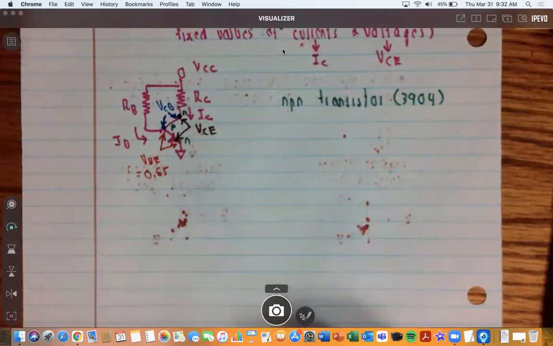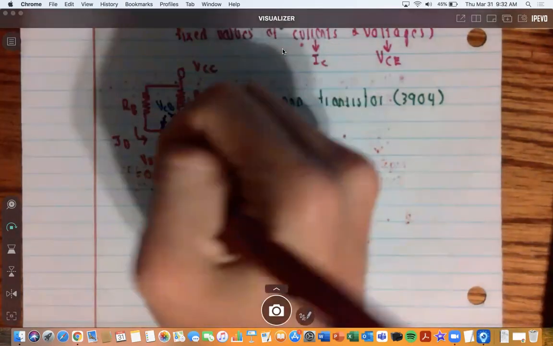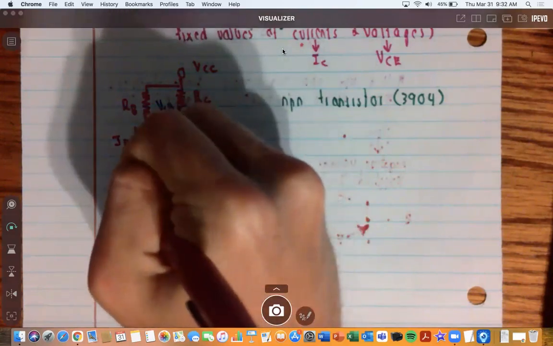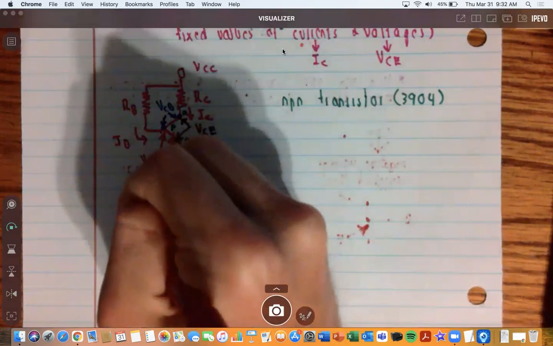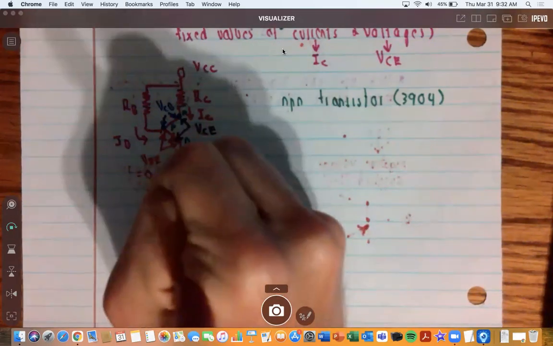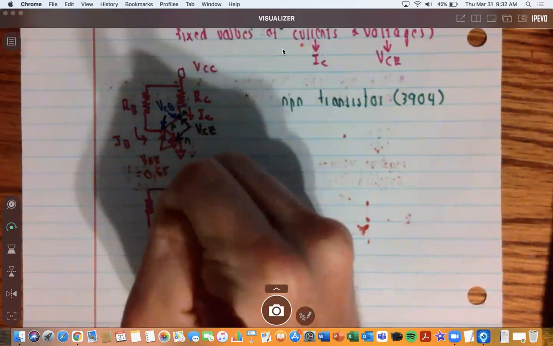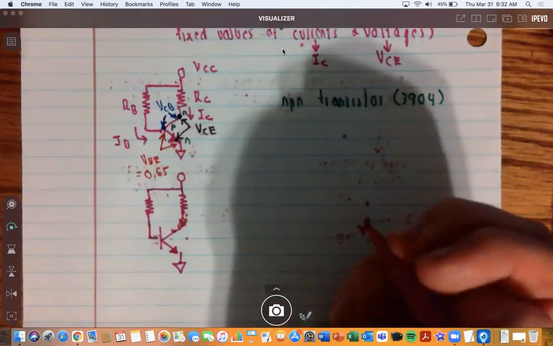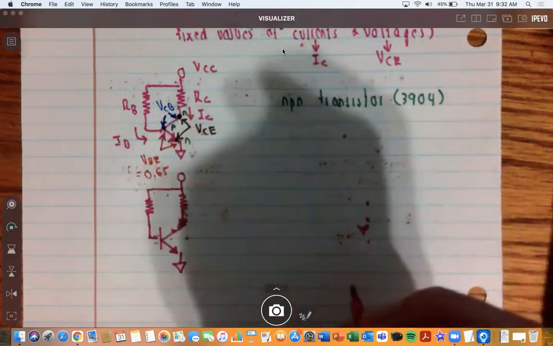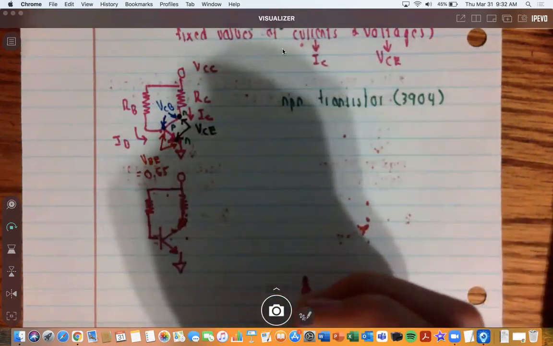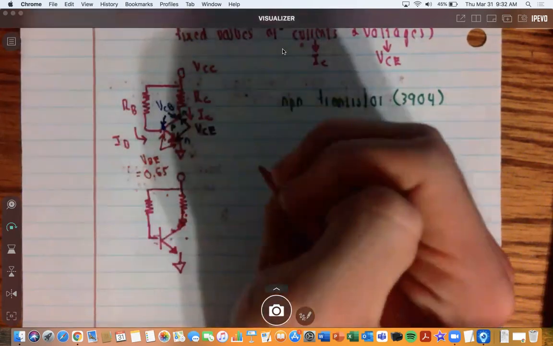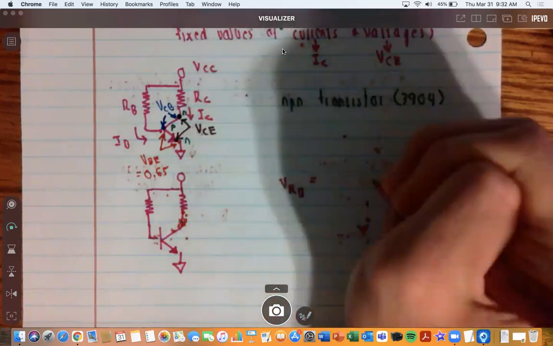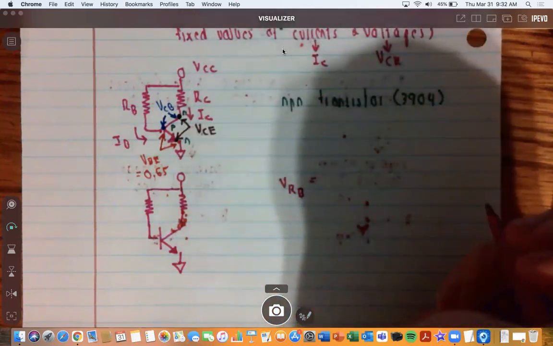Let me just redraw it so it's cleaner without all those labels. And so here, if we're trying to find, let's say, the voltage on the base resistor, what is that going to be?